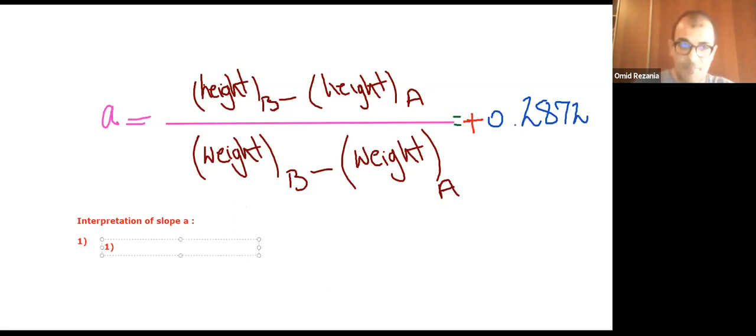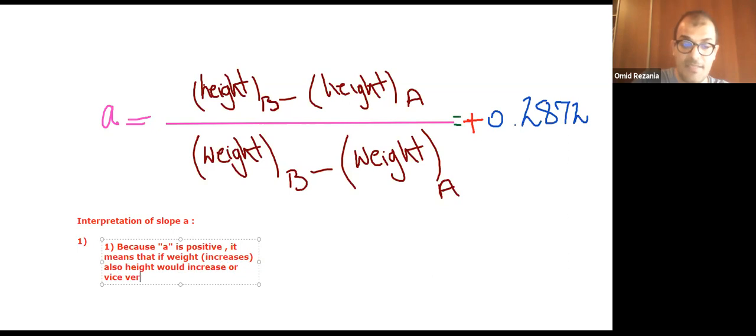Interpretation of slope A: because the slope is positive, it means that if weight increases, also height would increase, or vice versa. It's going to be the first interpretation.